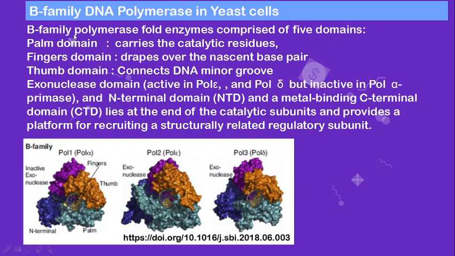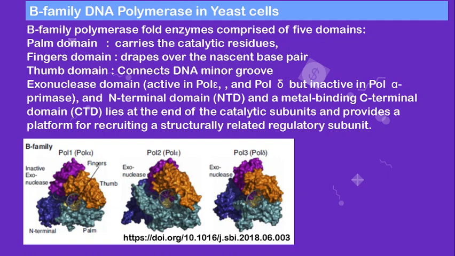In the B family polymerases, the yeast enzymes consist of 5 domains. It has a palm domain which carries the catalytic residues, a fingers domain which wraps the nascent base pairs, a thumb domain which connects to the DNA minor groove, and an exonuclease domain, active in polymerase epsilon and polymerase delta but inactive in polymerase alpha primase.